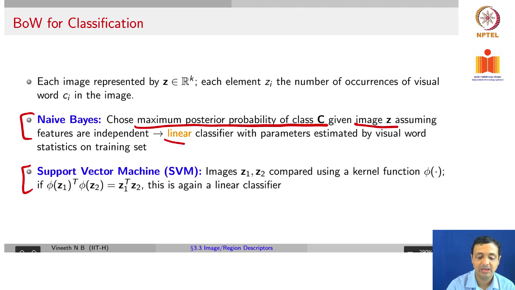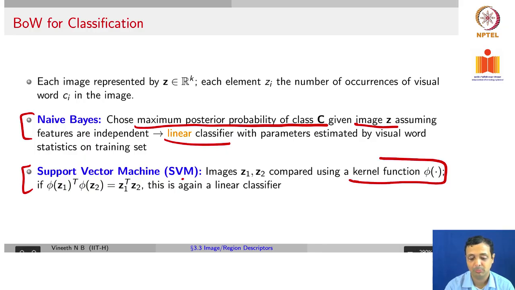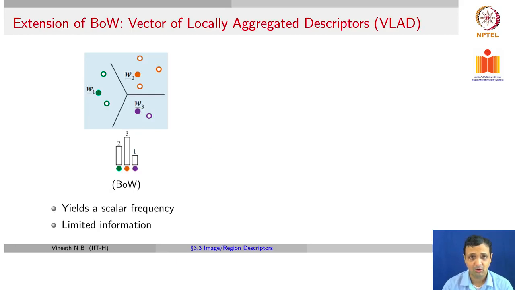Remember, naive Bayes would become a linear classifier. You could do this using a support vector machine. You could use an appropriate kernel function in a support vector machine to perform the classification, or for that matter, you could use any other classifier too. An extension of the bag of words is known as the vector of locally aggregated descriptors, or VLAD.